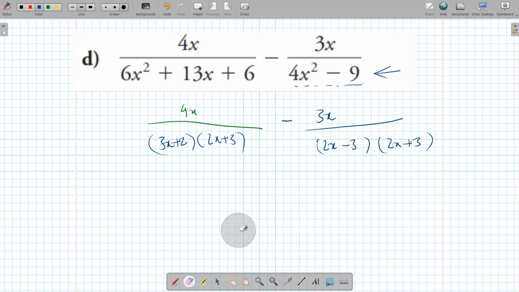All right, now we're trying to subtract it. What's going to be the LCD? What do you think? How do you find that?